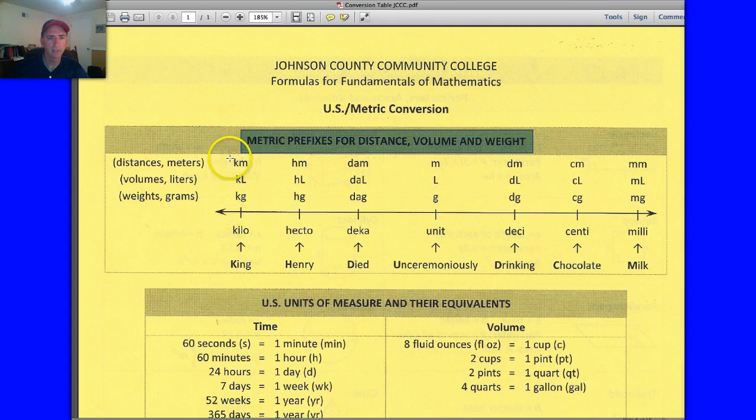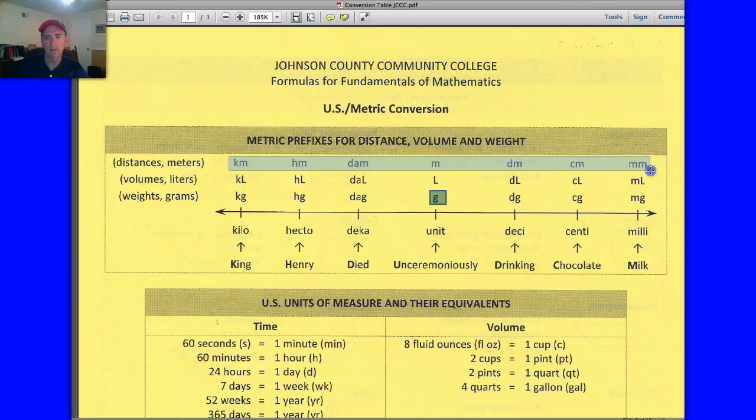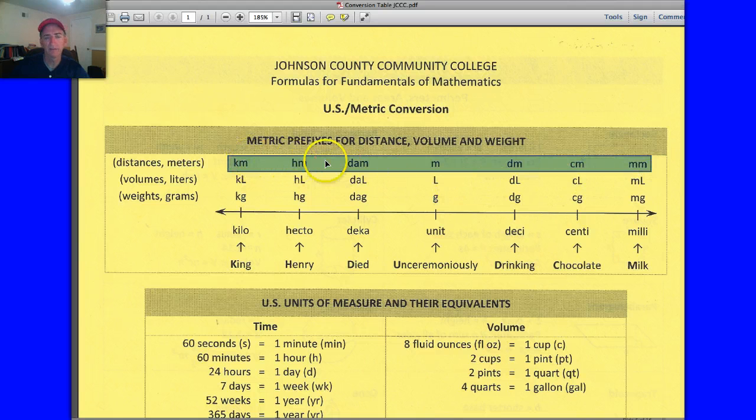If you're measuring distance, you use meters right here. If you're doing a volume, you use liters right here. And if you're doing grams, you use grams right here. Now notice, I'll go back to meters, all of these represent the conversion information that you need for meters.